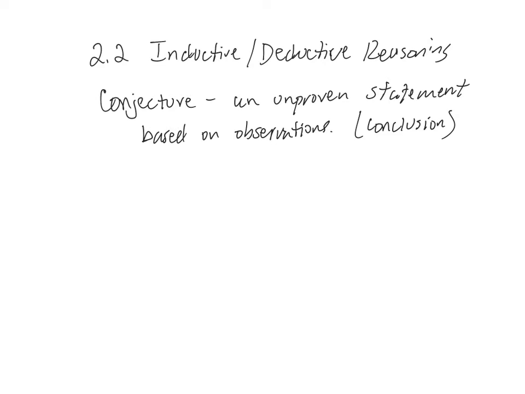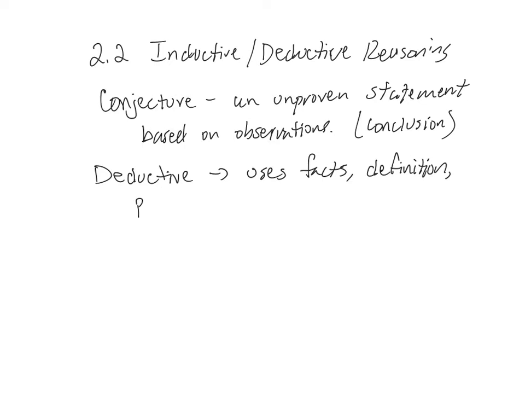So I'm gonna define deductive reasoning first, and then, to be honest, we won't really use it today, but we will use it in the future. Deductive reasoning uses facts, definitions, properties.